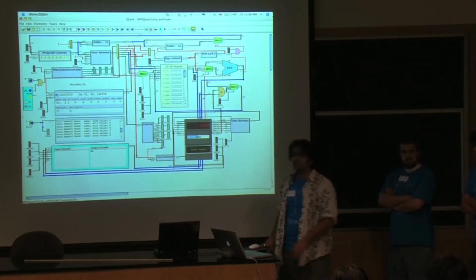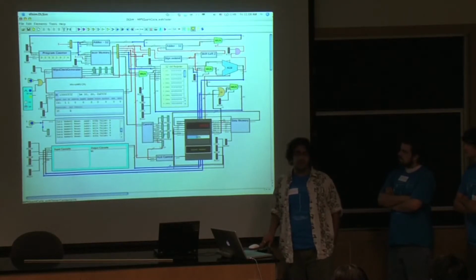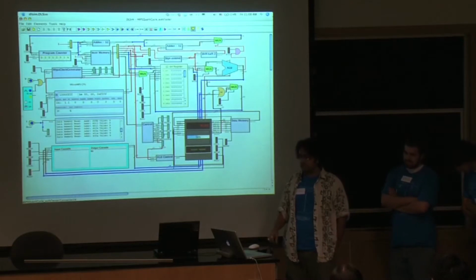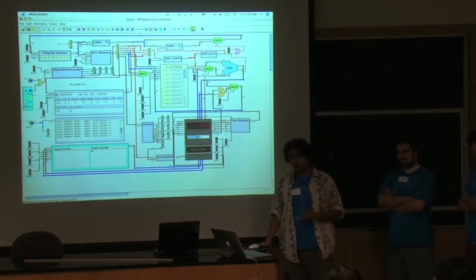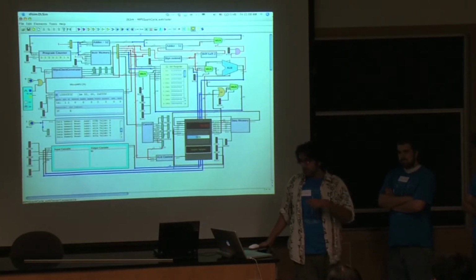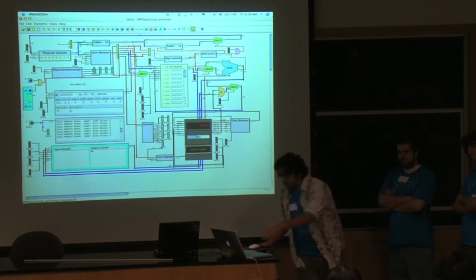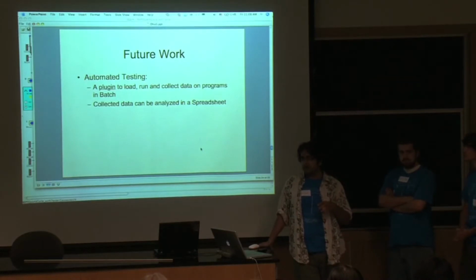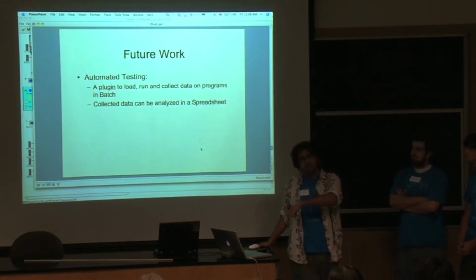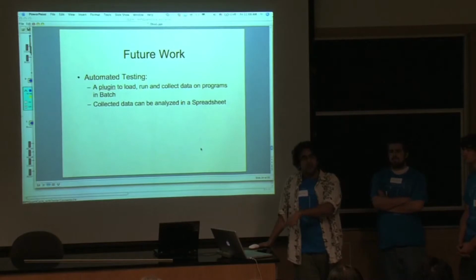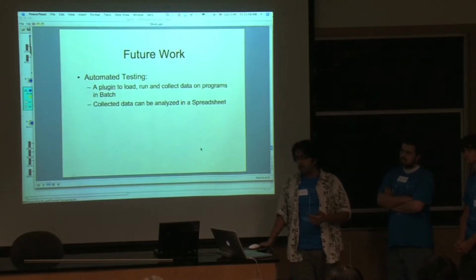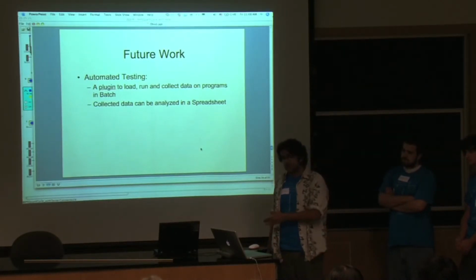But the basic idea with this is that I can change the components that I'm using on my computer here, and my next step, which is why I have the future work slide, is to create a plugin that can change the configuration of the cache and automatically load programs, and try out different runs of programs and collect data on the efficiency of each of these runs.